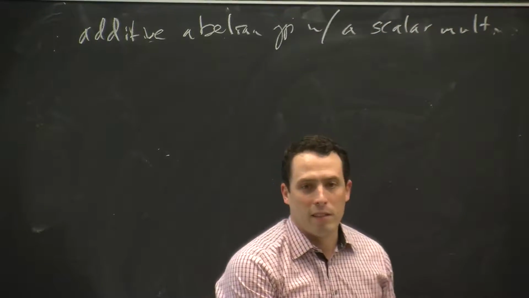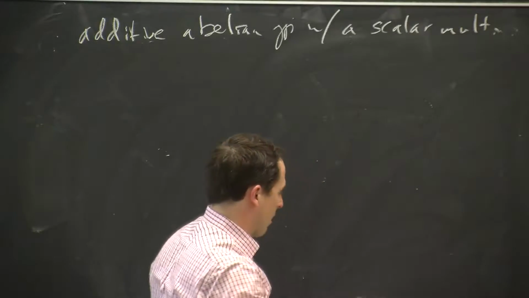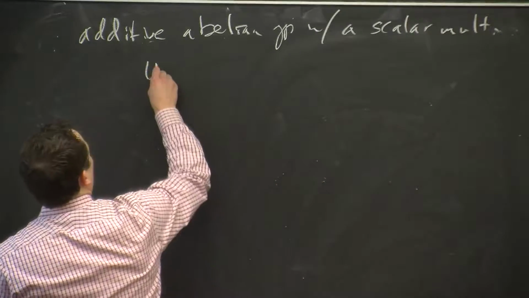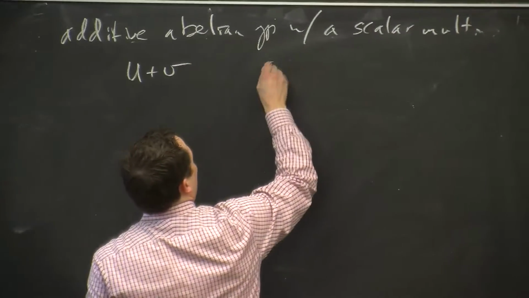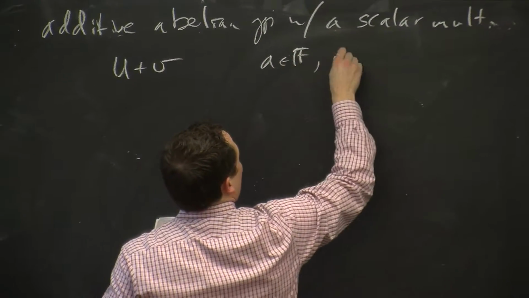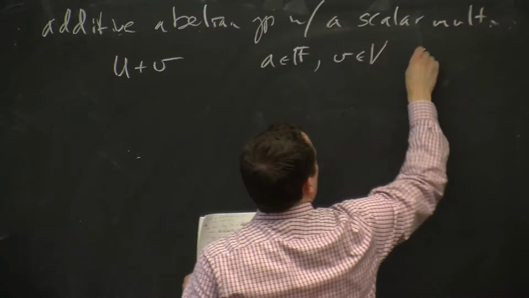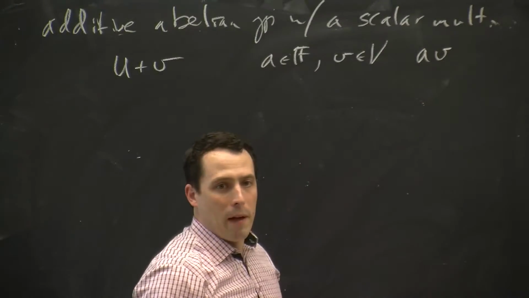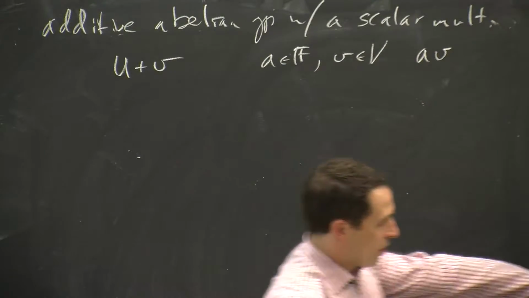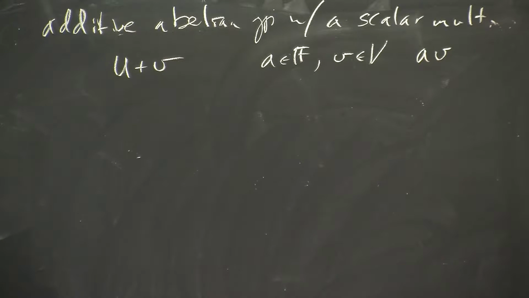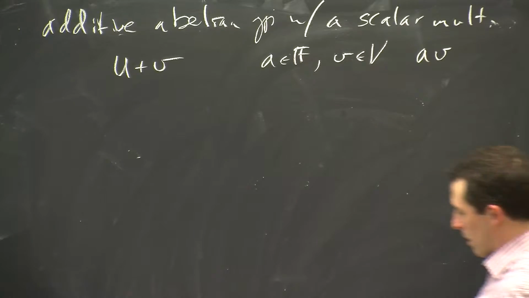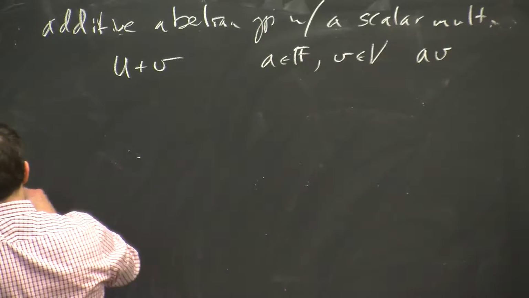And those are the two things, at a minimum, that we want to preserve, right? So we know that if we have two vectors, we can add them. And if I have a field element and a vector, we can scalar multiply. And we'd like our set functions from the set of vectors in V to the set of vectors in W to preserve those properties. And that's our definition.